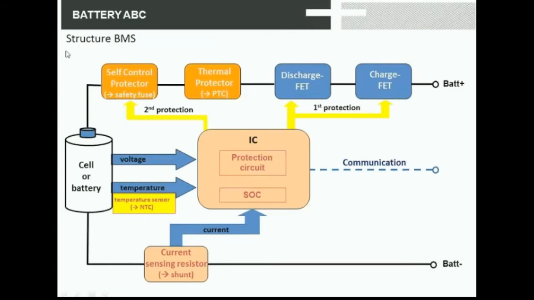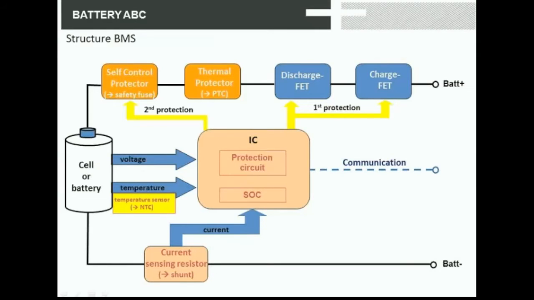The structure of a BMS is more or less always the same. We have some kind of intelligence in the middle, and this intelligence gets information from outside, from the cell or the battery, in most cases the voltage and the temperature and the actual current.